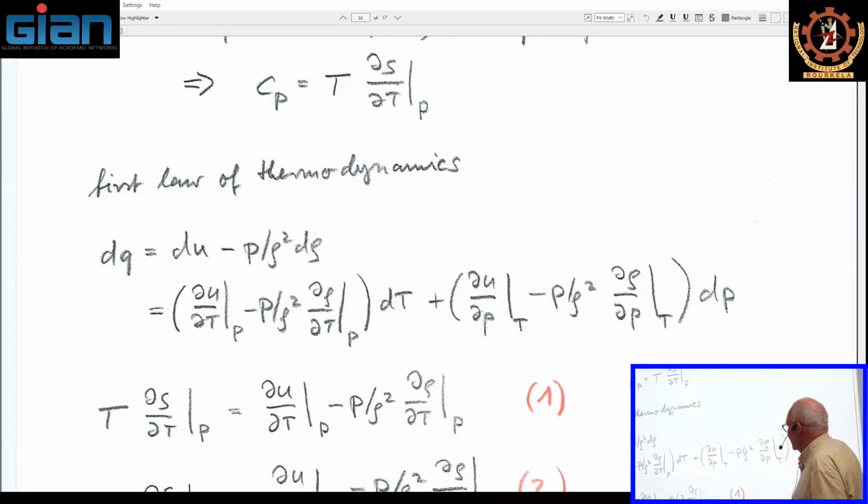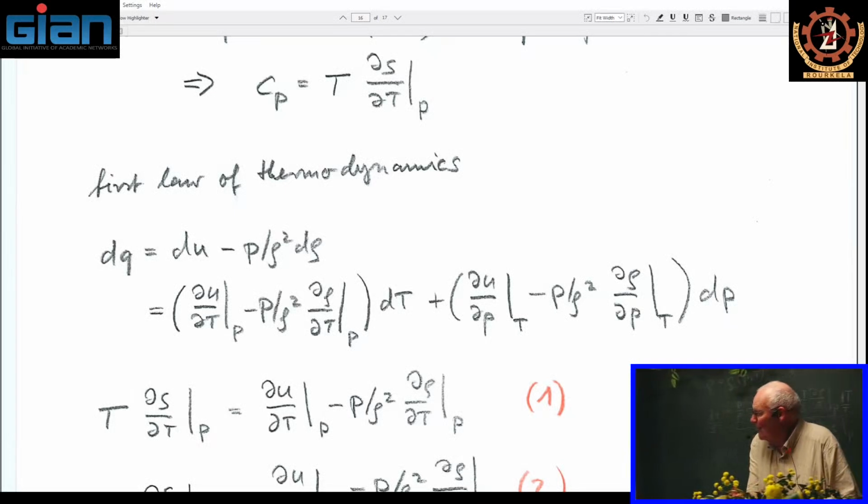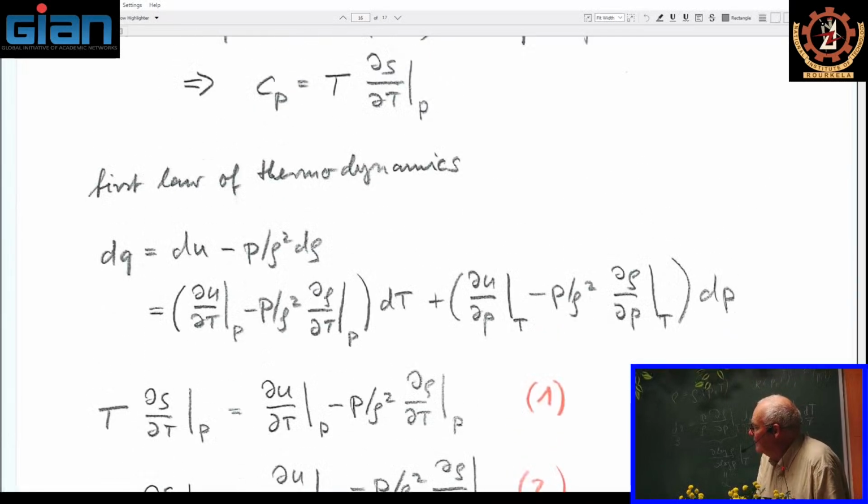And now we compare our formulation in terms of the entropy derivatives with these derivatives.